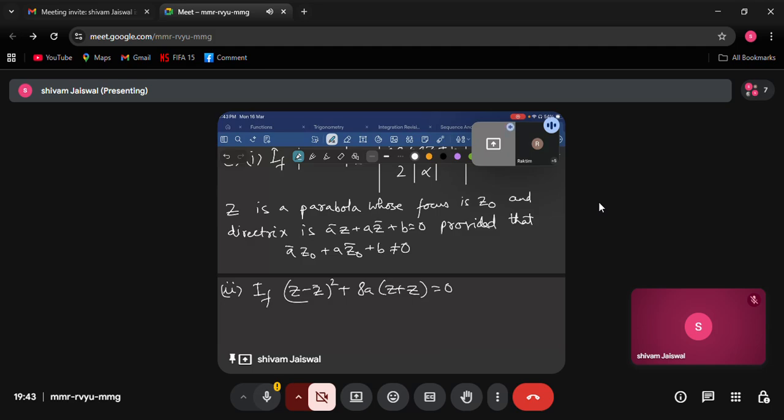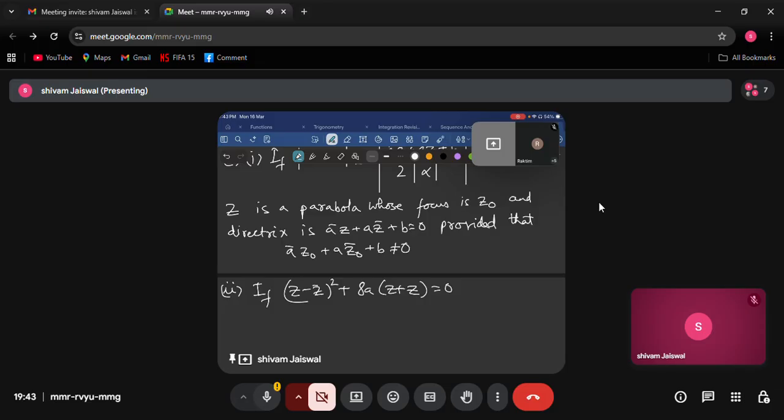Z minus z bar and z plus z bar. There is a quadratic and a linear term. What does it represent?